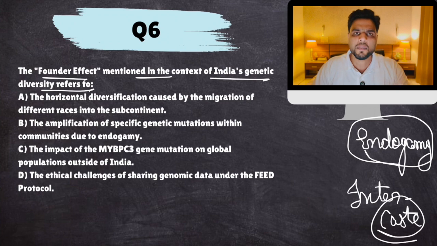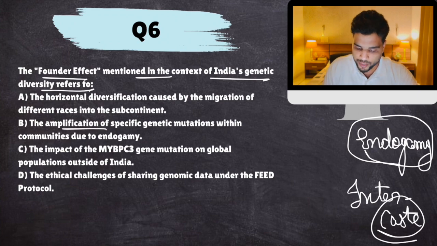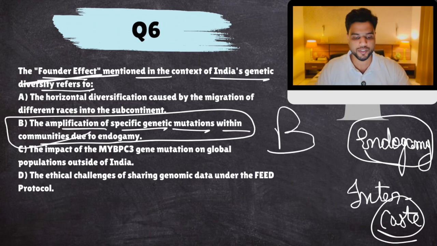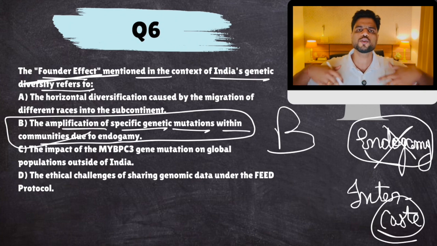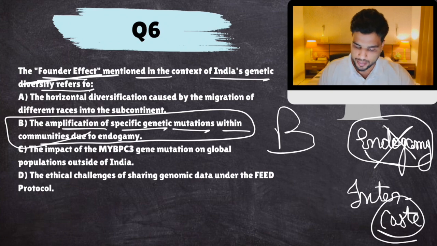And hence, some caste groups have some different traits, because that genetic mutation makes them different and it becomes more common in that particular caste. So amplification of specific genetic mutations within communities due to endogamy is founder effect. It happens. That is why it is generally prescribed that endogamy shouldn't be practiced. You should marry outside your community, produce offspring outside your community so that your genetic pool gets diversified. It's better. Nonetheless, this is B.